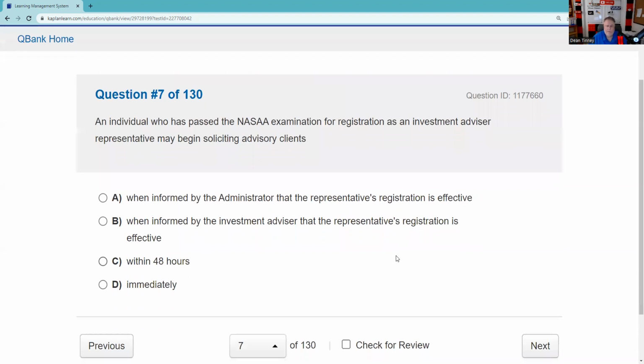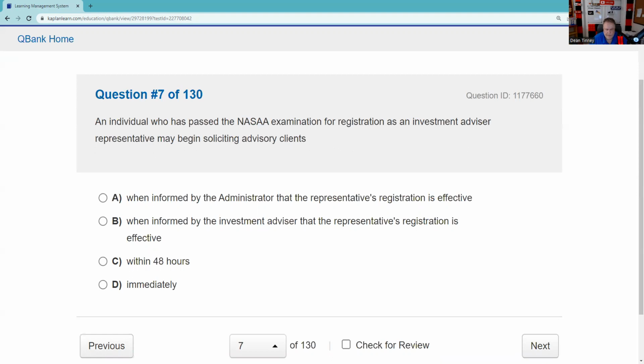An individual who's passed the NASAA examination for registration as an investment advisor, woohoo, that's you, right? The Series 65. I mean, that's the whole point of why you're doing this. May begin soliciting advisory clients when informed by the administrator that the registration is effective.